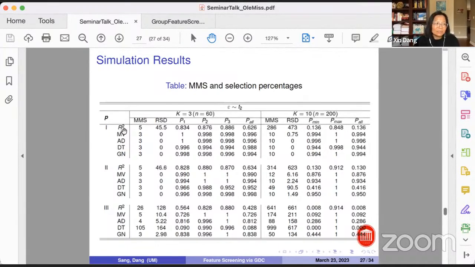R square is based on the variance, and even the population variance doesn't exist, while Gini is still doing good: 3, 3, 3. For k equal 10, it is good until the last one, but still the best among all the methods compared.